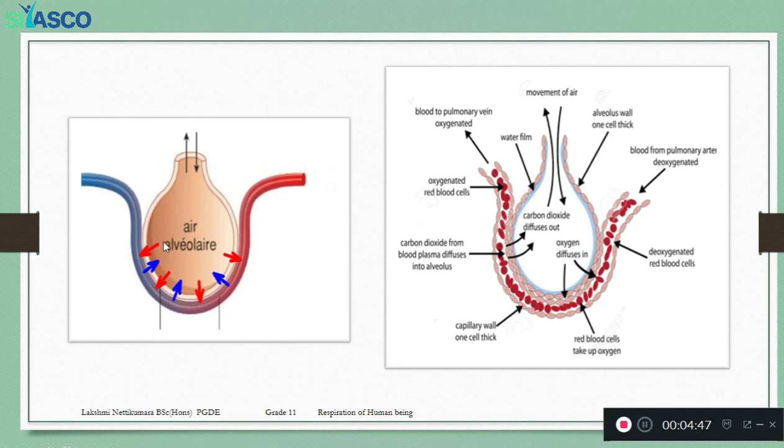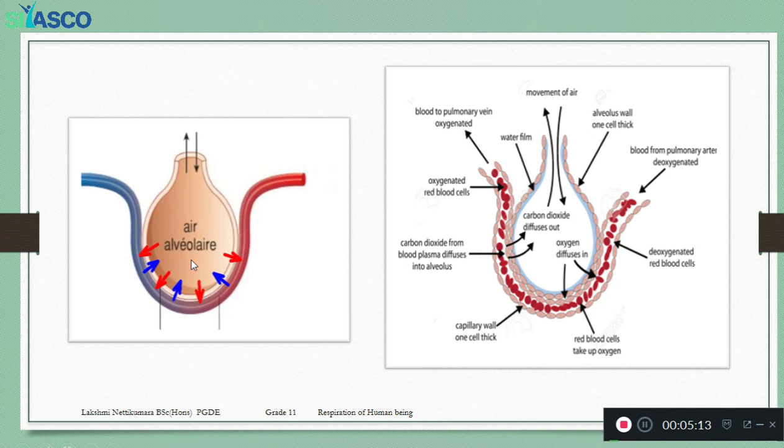Now you can see certain things come out and certain things go in. Here you can understand this very thin membrane touches the capillary walls, those are also one cell thickness. So the things here diffuse to the capillaries, and the things in the capillary diffuse to the alveoli.